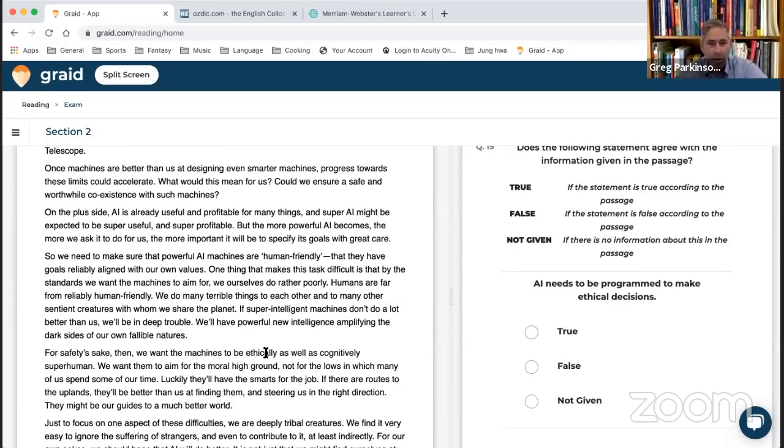Okay, maybe you can see here already, ethically. Now, hopefully you're going to remember that when we did our first set of questions, we've already covered this part of the reading before. So hopefully this should have sunk in. So we find ethically, right? So AI needs to be programmed to make ethical decisions, right?